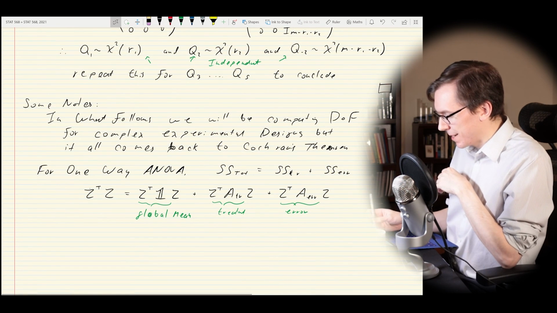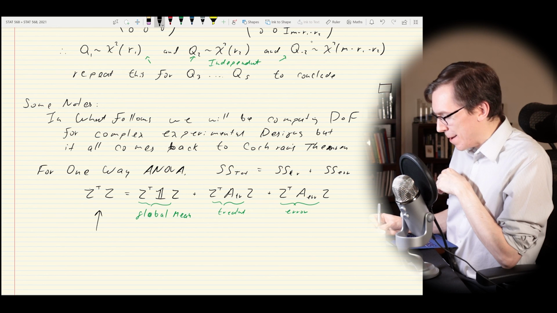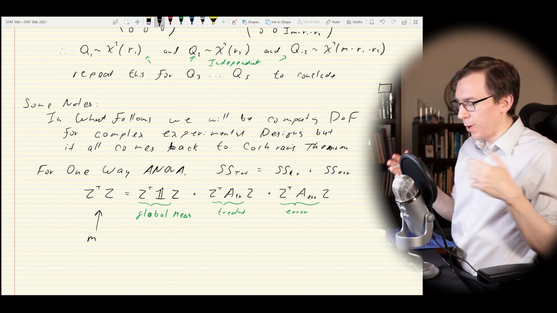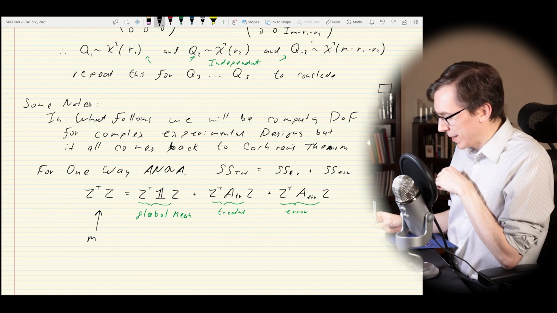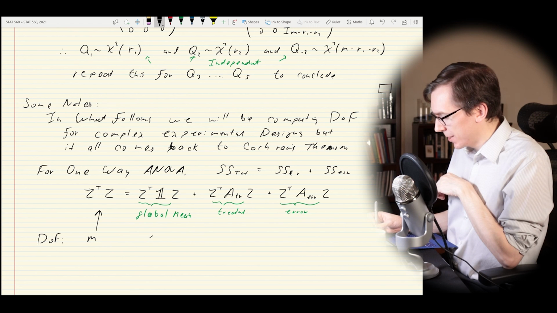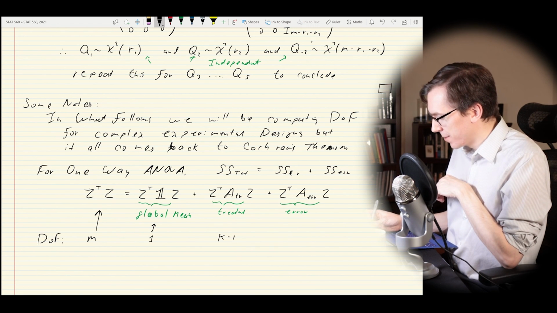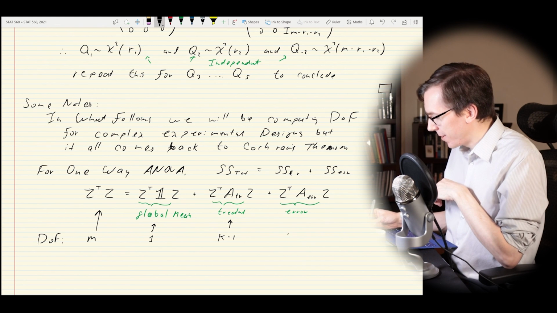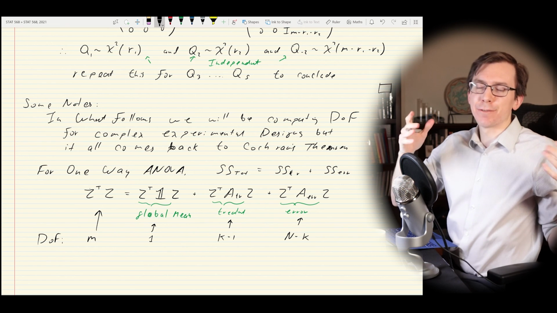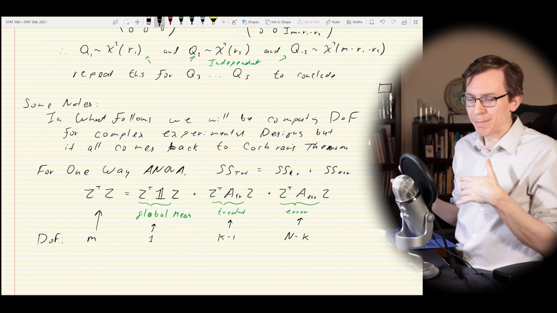If we have, say, N degrees of freedom for this quadratic form, then we have a single degree of freedom for this piece, k minus 1 for this piece, and big N minus k for the last piece. These degrees of freedom are the rank of the corresponding matrix.